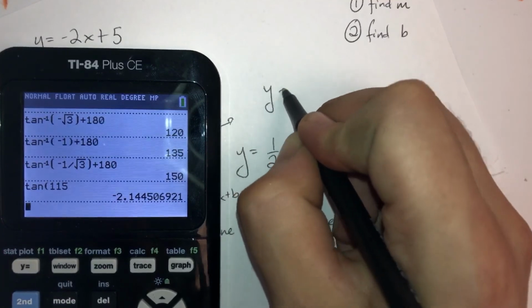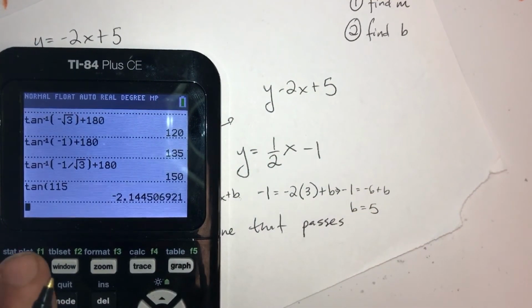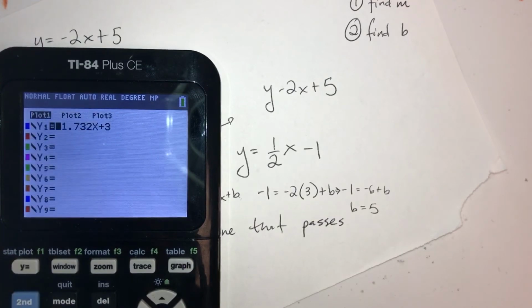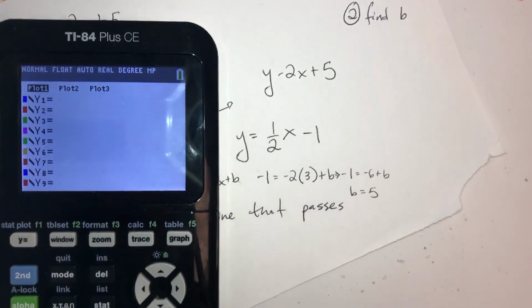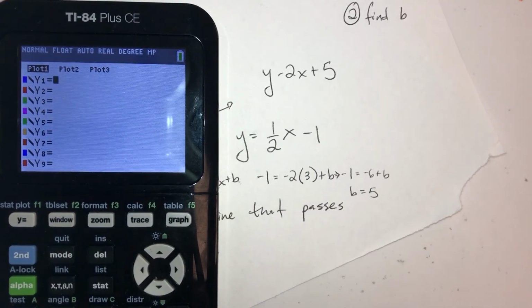So they were y equals -2x plus 5 and y equals 1/2 x minus 1. I'm going to push my y equals button. So my first line is y equals 1/2 x minus 1, excuse me, -1.